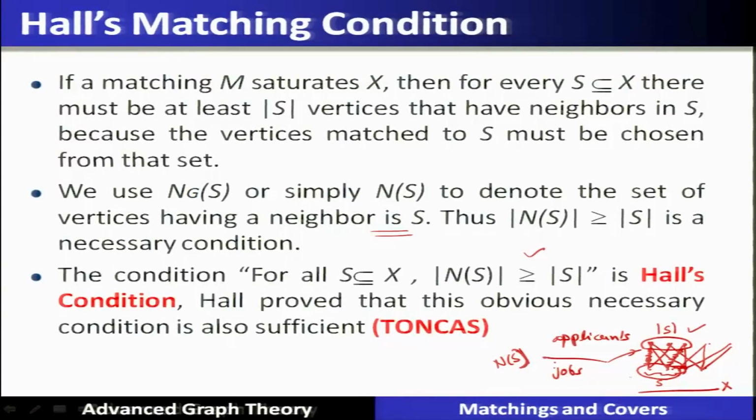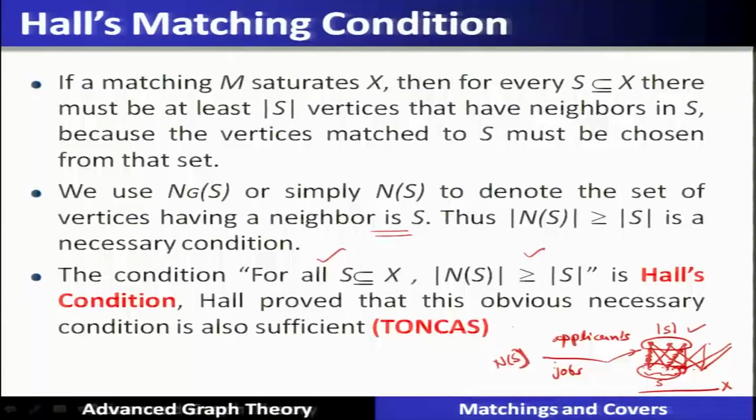To saturate all the jobs by the matching or the pairing of the applicants, the condition is called Hall's condition, which says that for every subset of X, represented as S, the neighborhood size of S, which will match S or the jobs to the applicants, so the neighborhood will be in the applicants, is always at least the number of jobs.